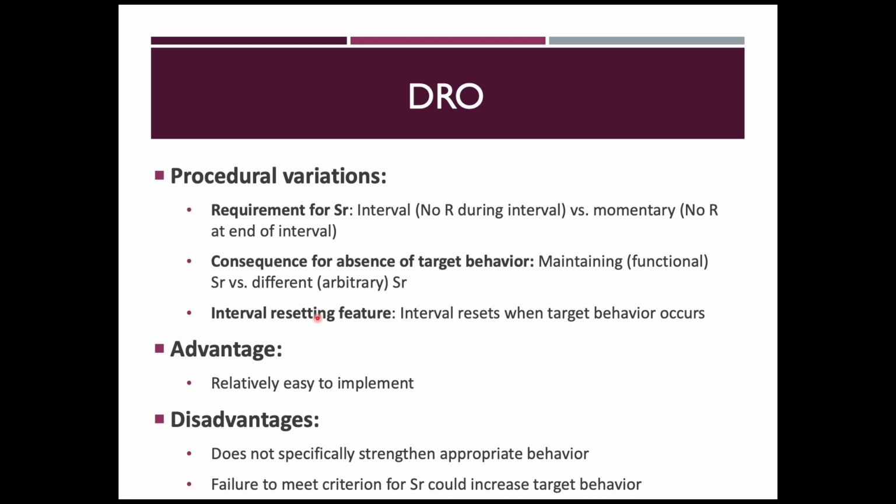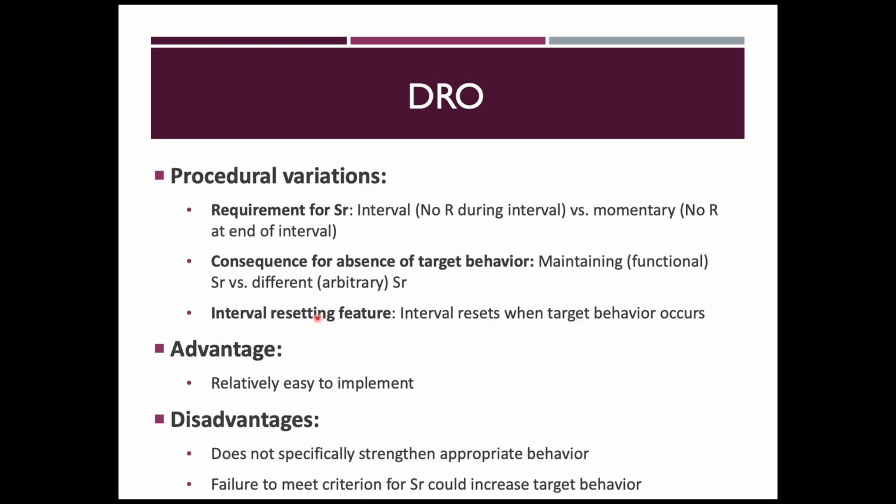So case in point, if I have a DRO on a fixed interval 1 minute, I'm running that timer. If a problem behavior occurs at 30 seconds, I can reset the timer. So the 1 minute starts over again.